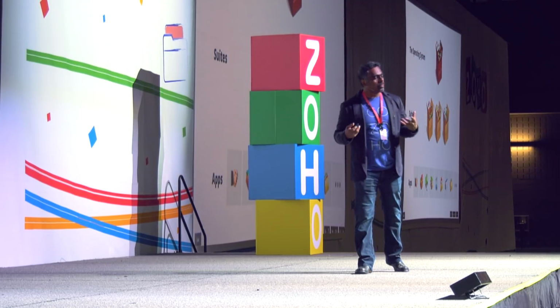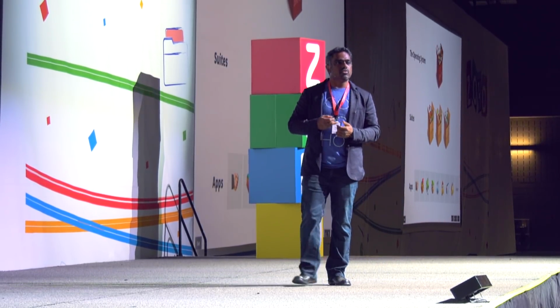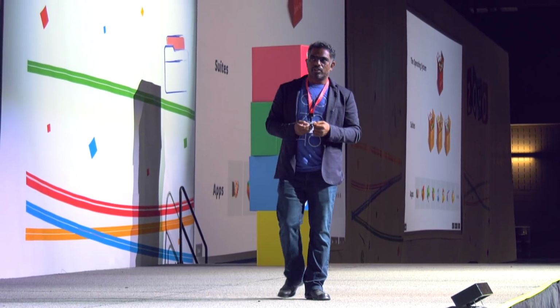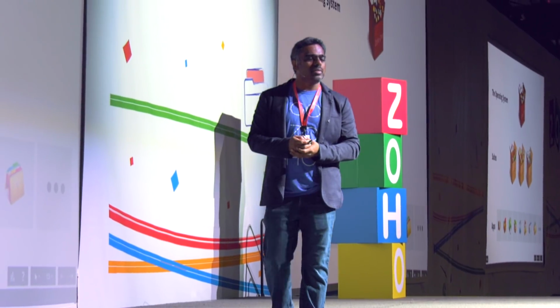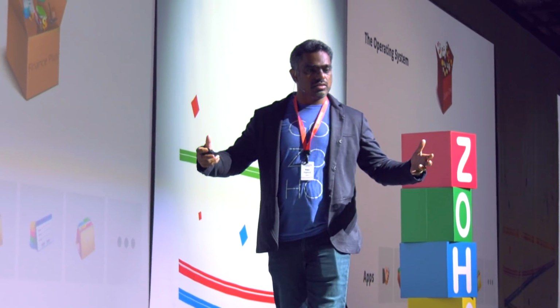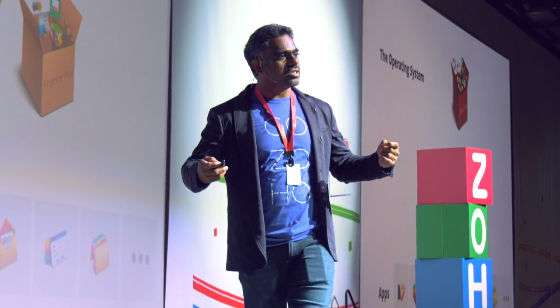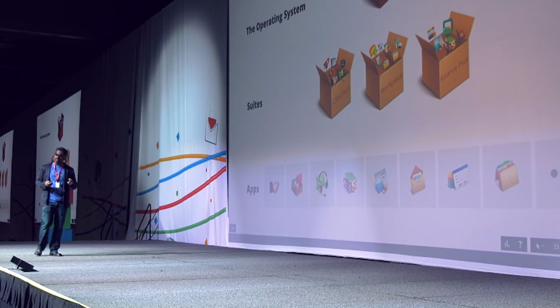And of course, on the productivity and collaboration side, we also have Workplace. Now, Zoho One, of course, I talked about, that makes up the operating system. So we have a comprehensive set of suites. Now you have individual applications. Of course, we'll keep adding more applications and improving the existing applications. And we'll keep adding more suites and keep improving the operating system.